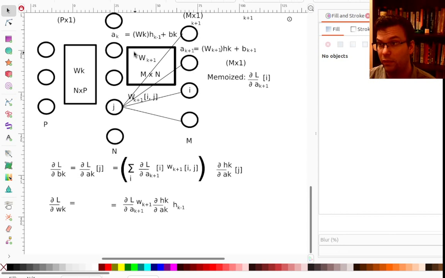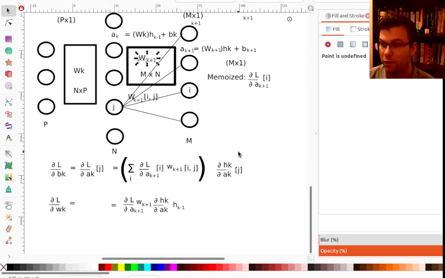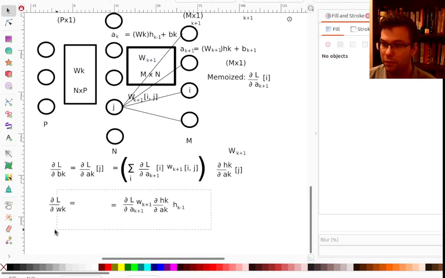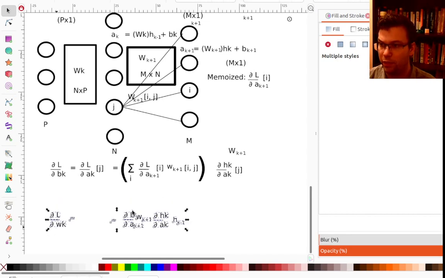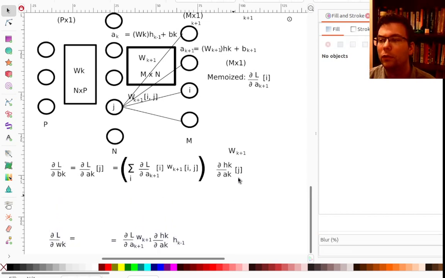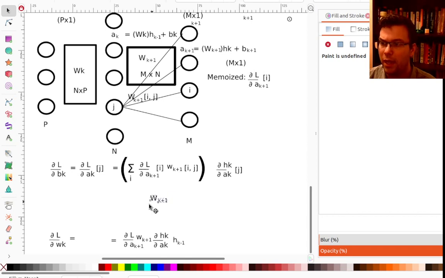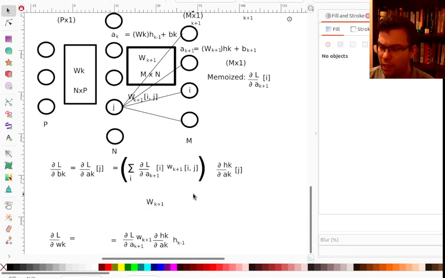So we have this matrix, capital W_{k+1}. Let me move this down out of the way so I can show the simplification. What we're doing here is taking a dot product of the entire jth column of this matrix. We're varying i, keeping j fixed, so that's going down the jth column. We're taking the dot product of the jth column with the entire vector dL/da_{k+1}.